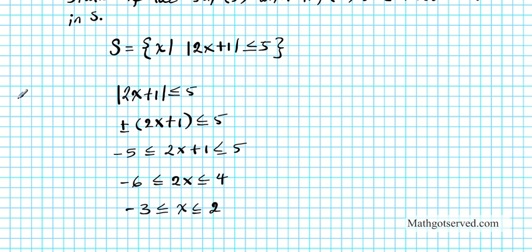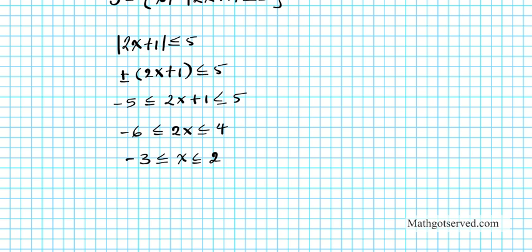Let's sketch what this inequality looks like and see what our solution set will be. On the number line, we go from negative 3 to 2, so we have a closed set. This bounded interval is the set of real numbers that satisfy the original inequality, absolute value of 2x plus 1 is less than or equal to 5.